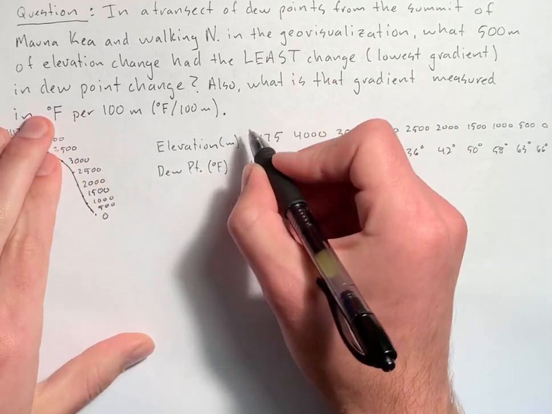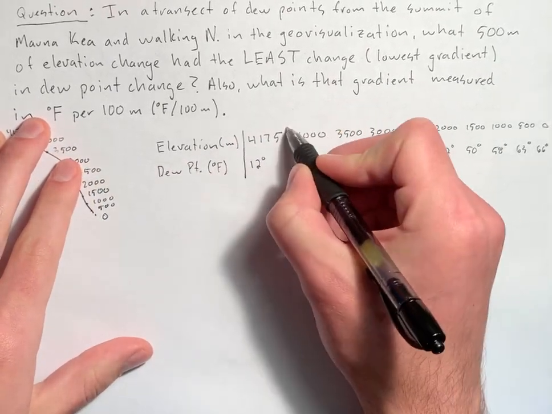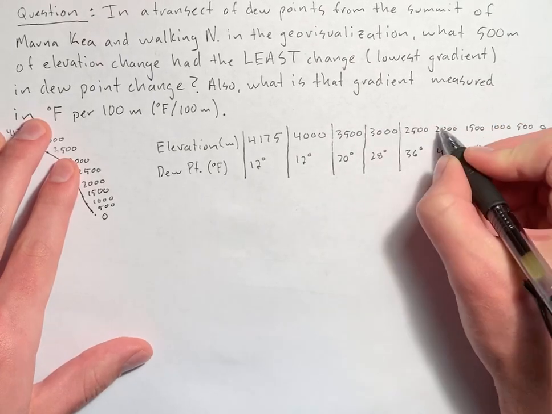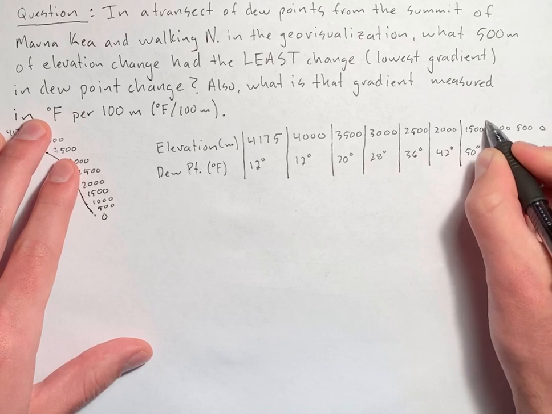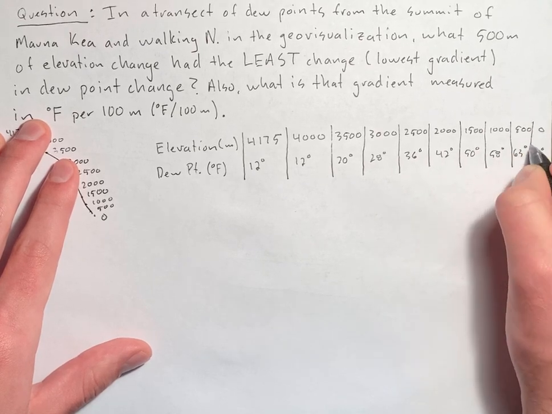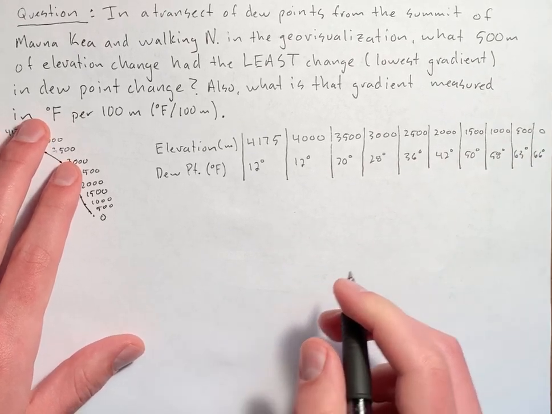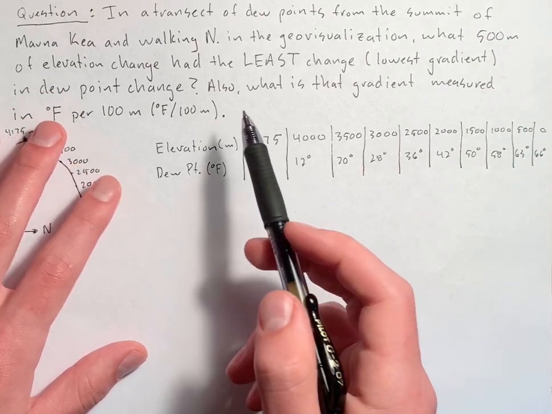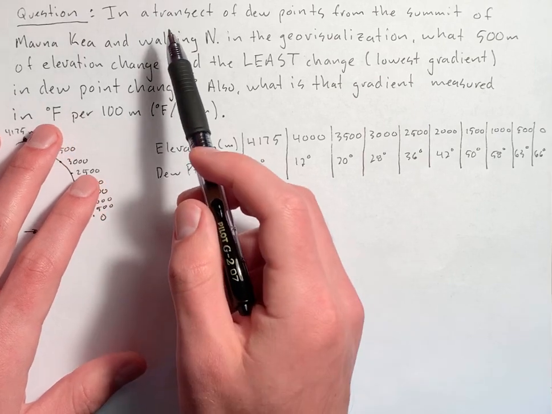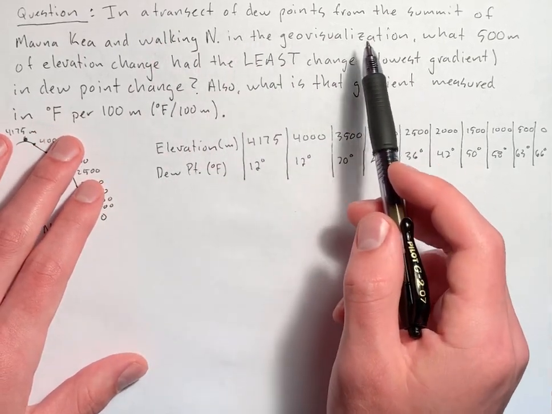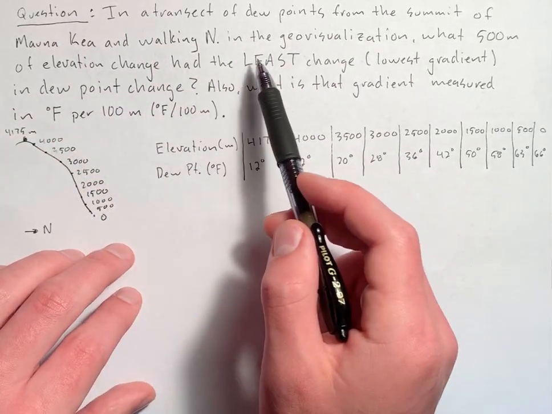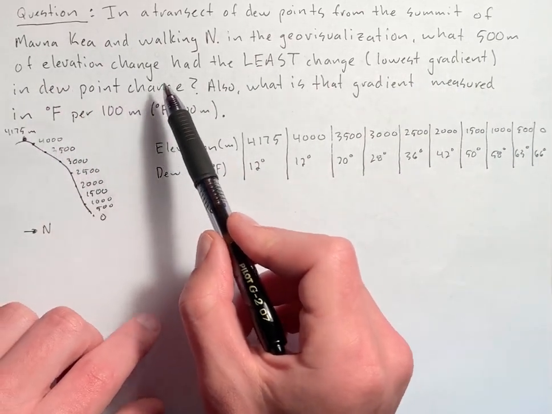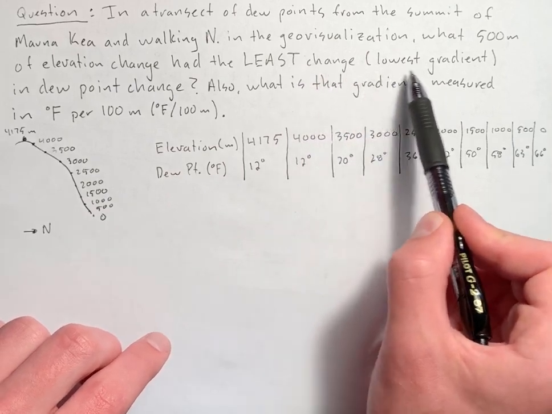So let's split these up a little bit. Now, let's start answering the question. So, in a transect of dew points from the summit of Mauna Kea and walking north, what 500 meters of elevation change had the least change in terms of gradient?